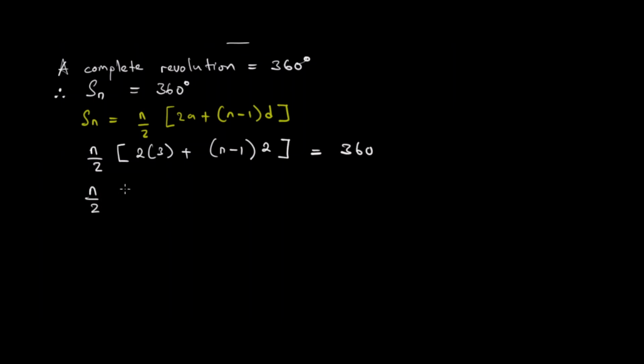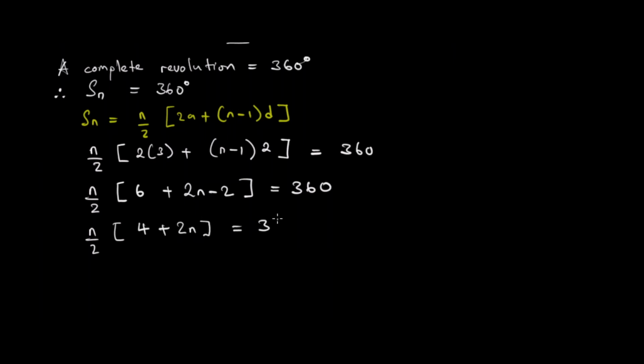N over 2 times 3 into 6 plus 2n minus 2 is equal to 360. N over 2 times 6 minus 2 is actually 4. So it's 4 plus 2n is equals to 360.